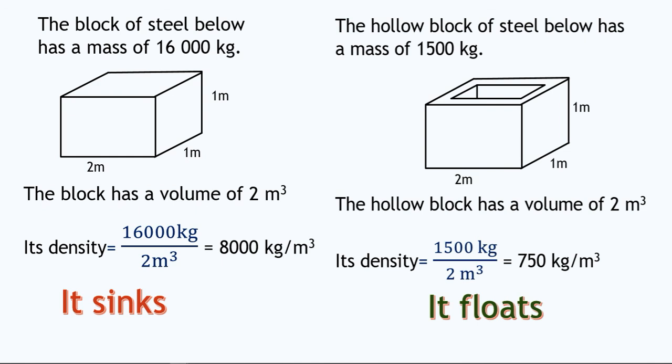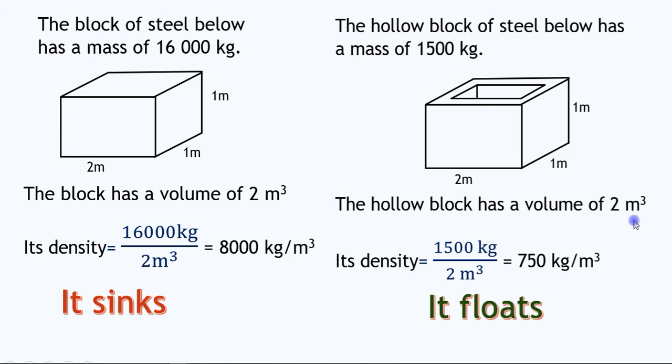On the other hand, this block of steel is hollow, so it is empty inside, which means that its mass is much smaller, although its dimensions are the same as the first block. So it has the same volume as the other block, 2 m³.